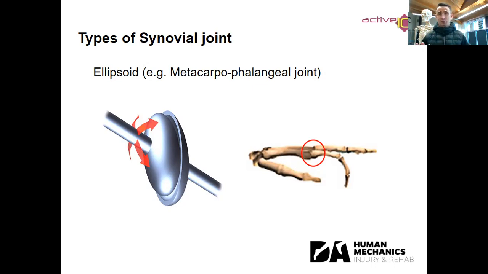So for now, what we need to know is classification. So there are 3 classifications. Again, you have joints that don't move, joints that move a little bit, joints that move a lot. You'll need to know so far the structure of a synovial joint. You'll need to know there are 6 examples of synovial joints and where we find them, okay?